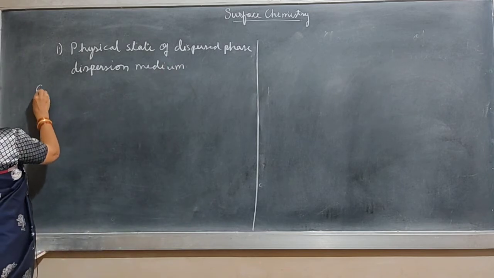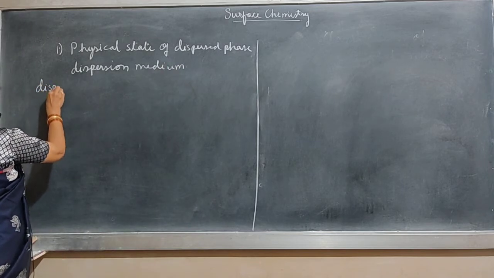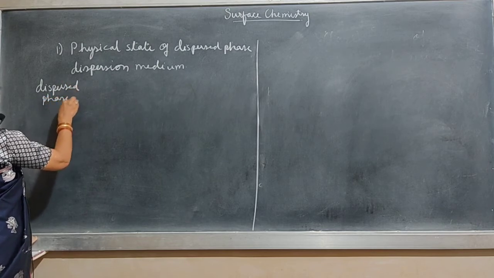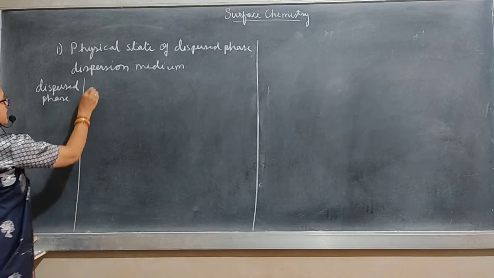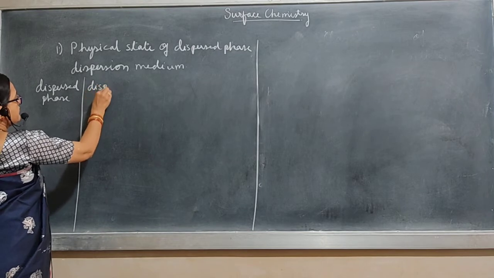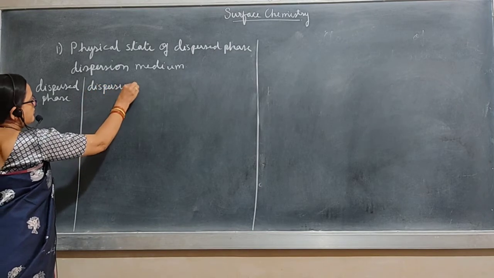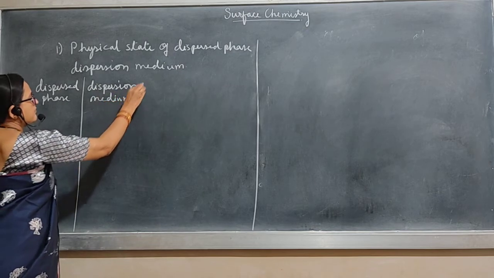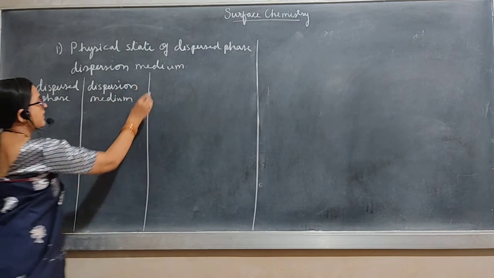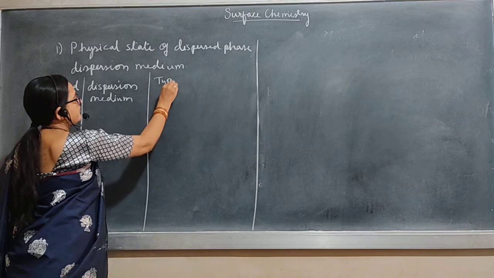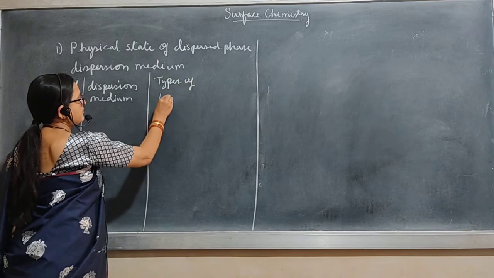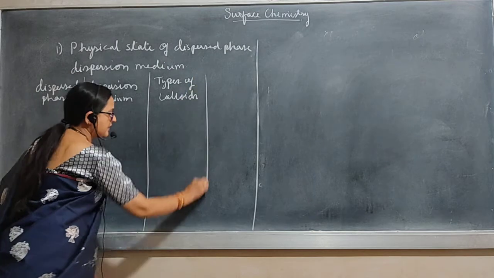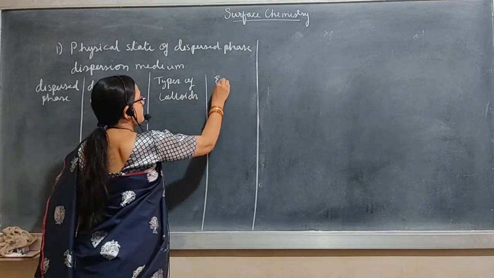We have here dispersed phase, then dispersion medium, then types of colloids, then let us see a few examples of it.